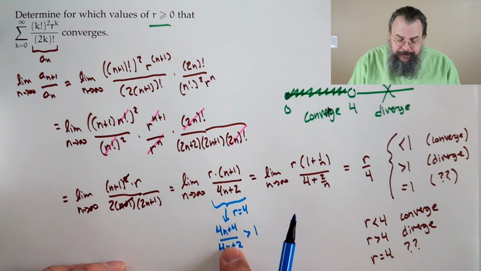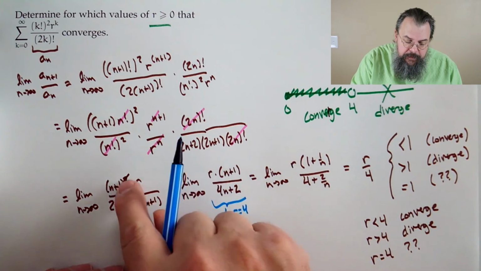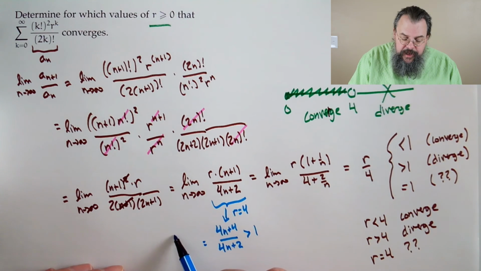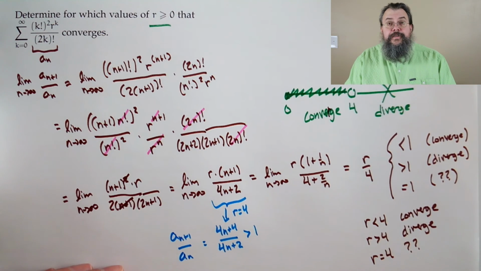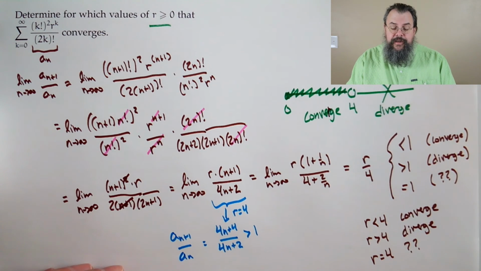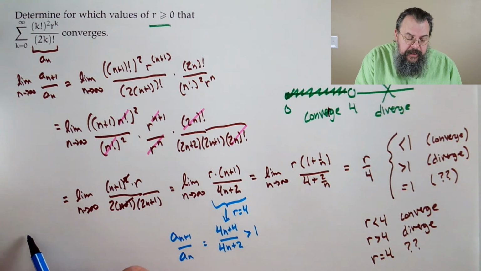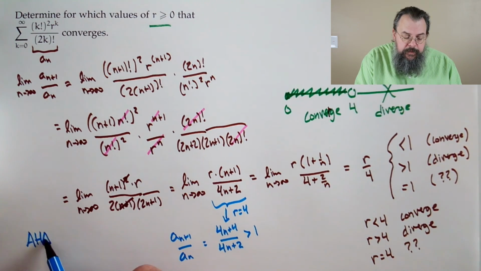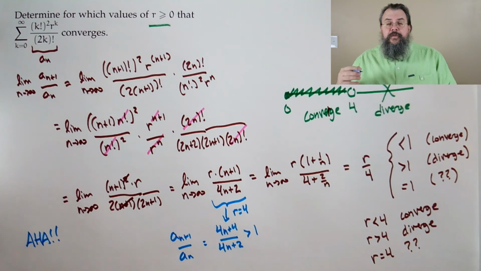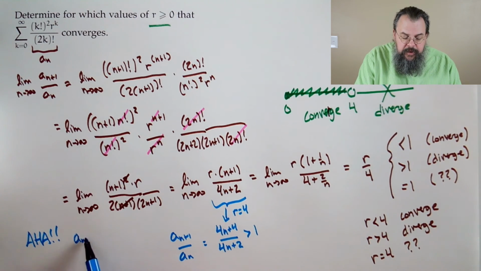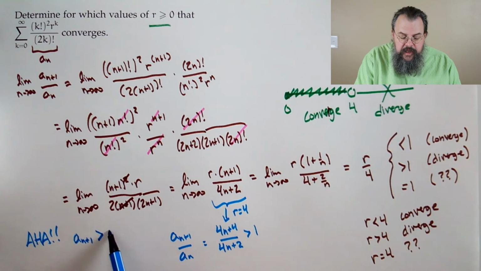Okay, how can we use that? Well, where did this come from? You see, if you wind it back, it turns out that this is our ratio a_{n+1} over a_n. So, what is that telling us? Well, it tells us that we have a great aha, and this doesn't always work, but sometimes it helps to look a little bit. And our great aha is to say, wait a second, a_{n+1} is bigger than a_n.